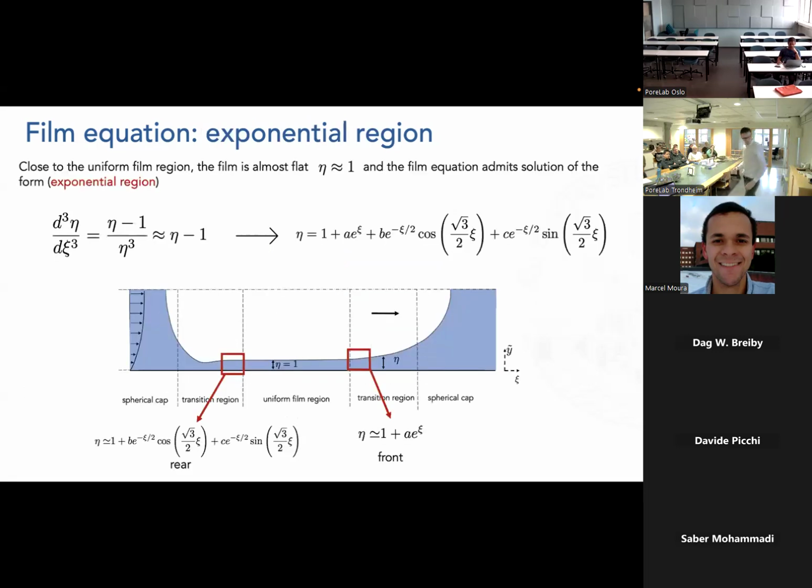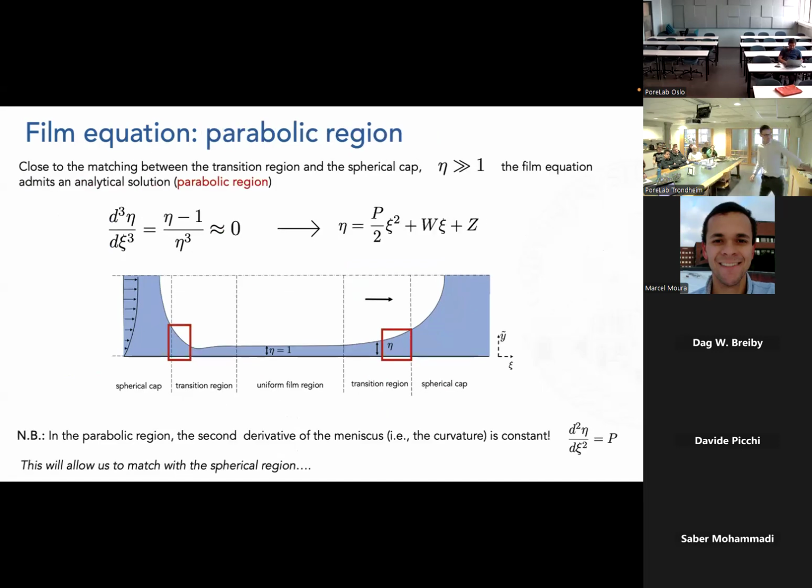While if you go a little bit to the right or to the left of this uniform film region, where eta is slightly bigger or smaller than 1, there the bubble profile, you can demonstrate analytically, follows an exponential. This is called the exponential region. Or if you go a little bit farther, when eta is much bigger than 1, then the bubble profile is parabolic. So this solution is analytical.